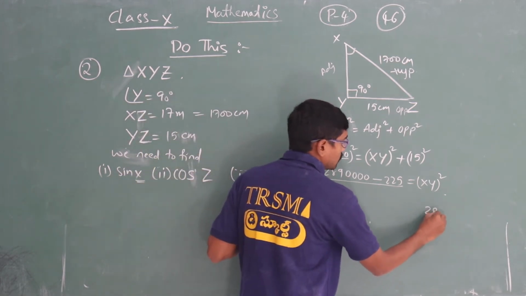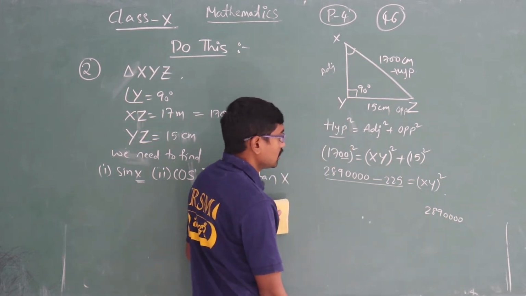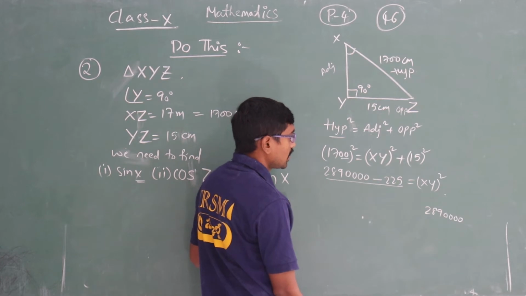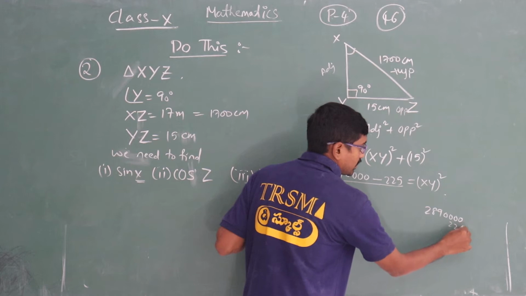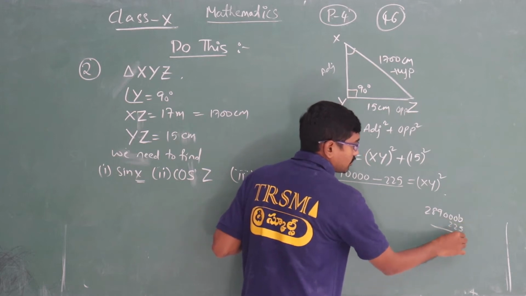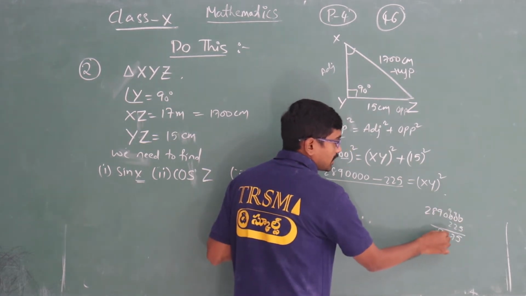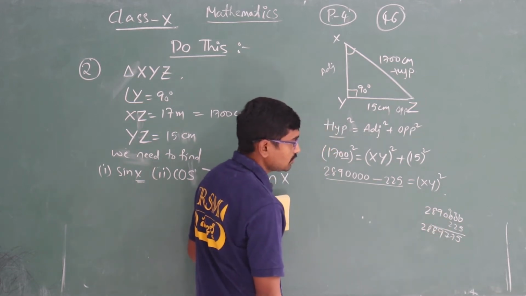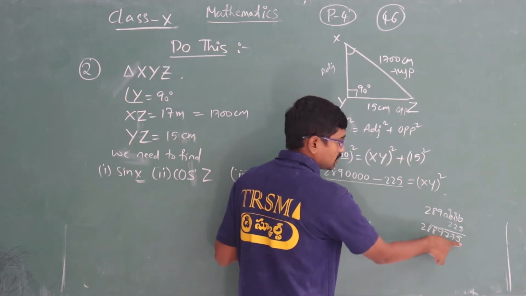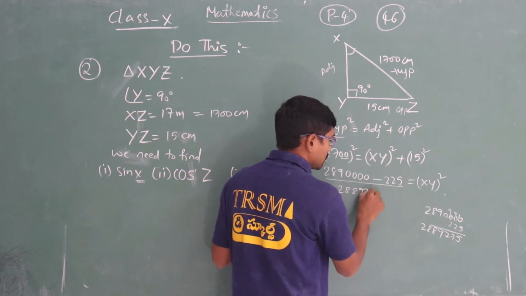So if I subtract 289 minus 225, 10 minus 5 is 5, here 9 minus 2 I'll get 7, 9 minus 2 is 7, so we have got 2 8 8 9 7 7 5.